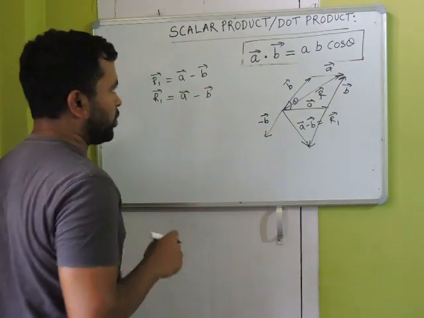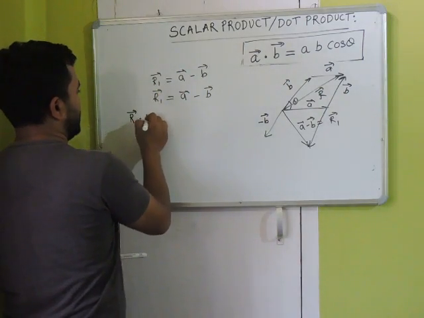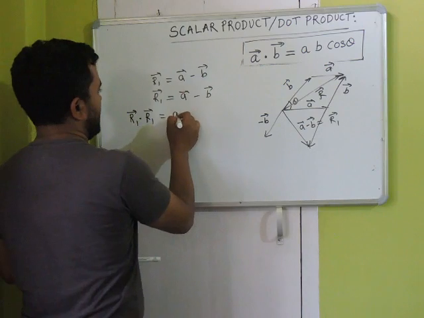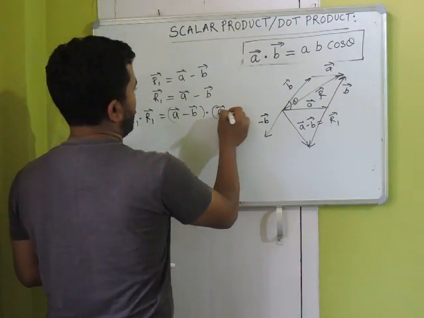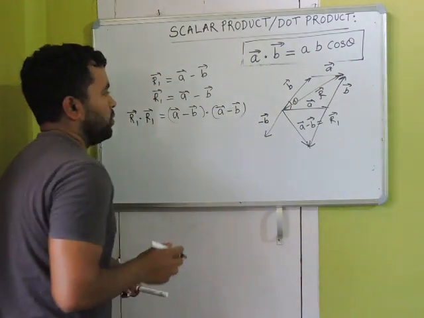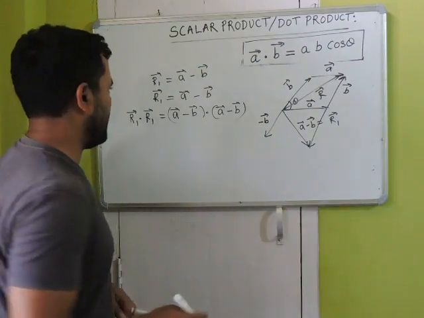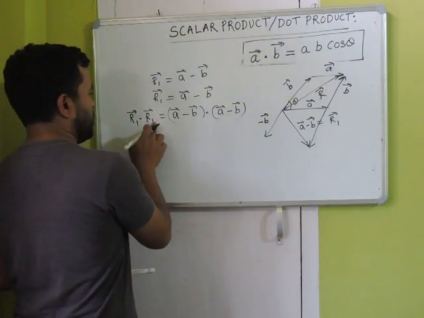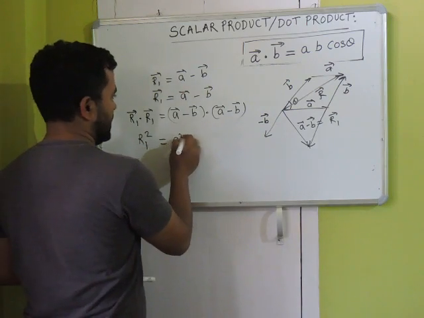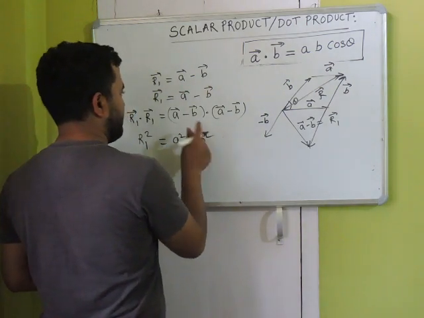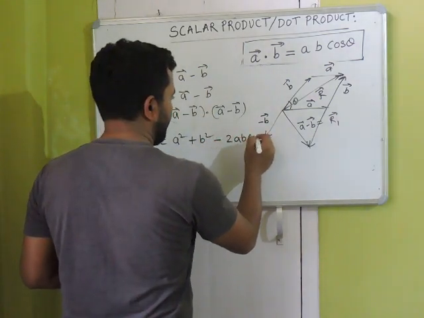Now r1 is a minus b. Taking dot product of those, I will get r1 dot r1, and this is a minus b dot a minus b. Now you do it by yourself, use the same idea. You should get r1 dot r1 will be r1 square, and this side you will get a square plus b square, minus minus will become plus, minus 2ab cos theta.